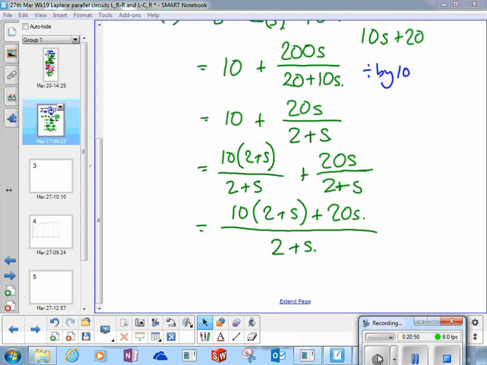We have multiplied by 2 plus s over 2 plus s, i.e. we've multiplied that side by 1, so we haven't changed it. That's what we've done there.